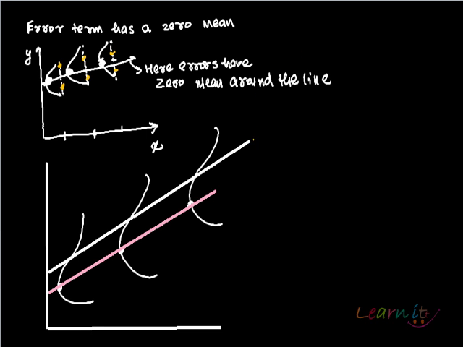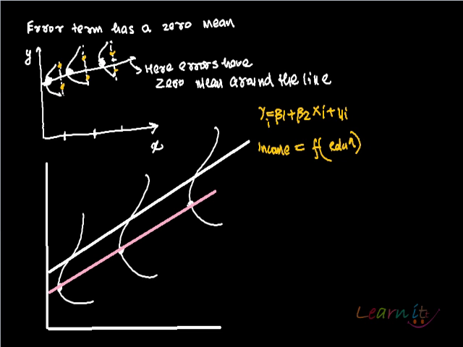So in a nutshell, what this assumption is saying is that if you have the model which is yi equals beta 1 plus beta 2 xi plus ui, it is trying to say that the factors which are not included in this model, say you are trying to judge income as a function of education, okay, the factors which are not included in the model.